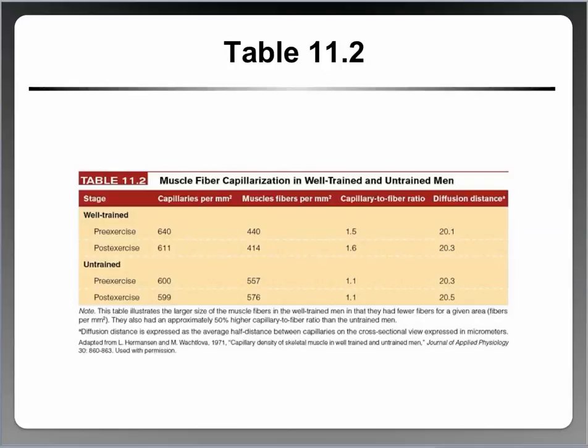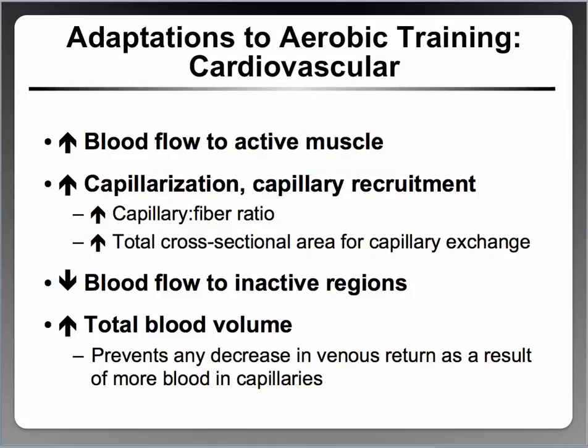The other thing is the absolute number of capillaries also increases, and it can increase up to 15% compared to an untrained state. Okay, so moving on, in addition to the increased blood flow due to the increased number of capillaries and better capillary recruitment, we also get better at shunting blood away from tissues that are not active during exercise.